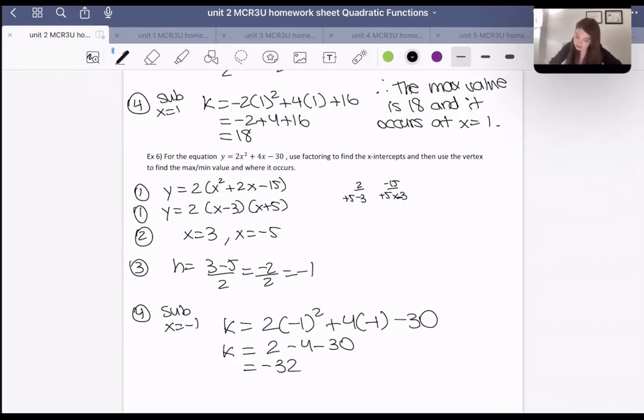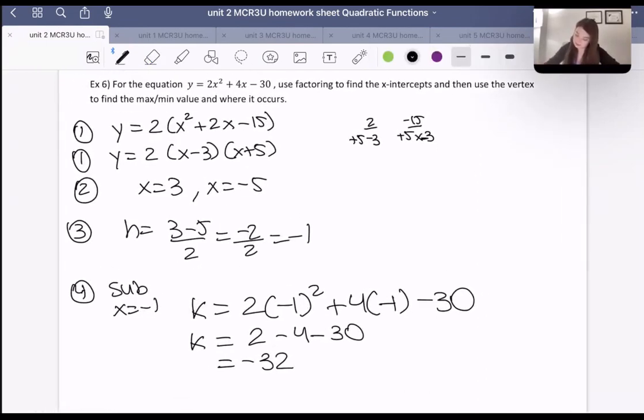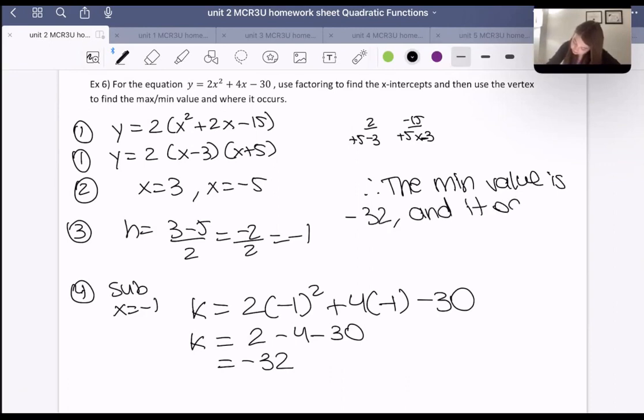And in this case, we have a positive leading coefficient. It's +2. So therefore, it's a minimum value, not a maximum value. So therefore, the min value is -32, and it occurs at x equals -1.